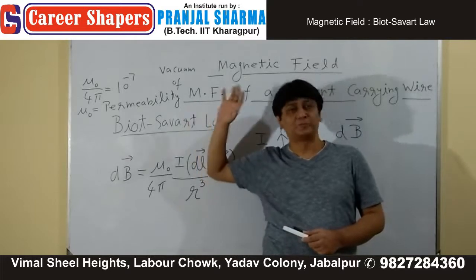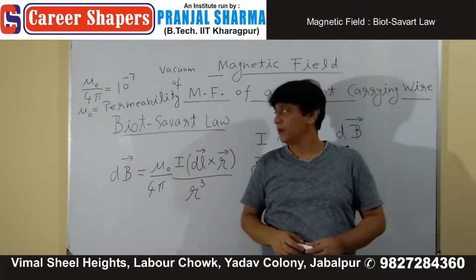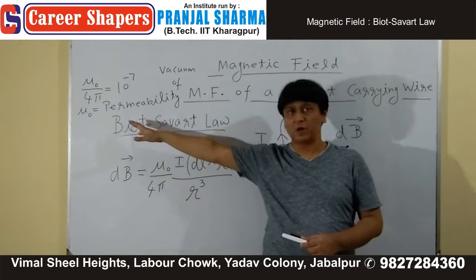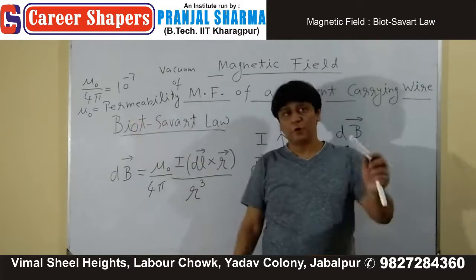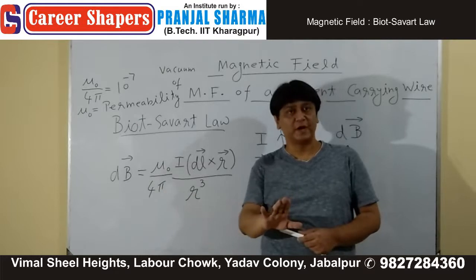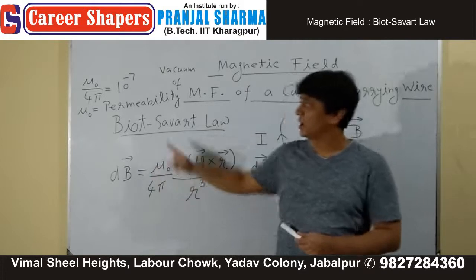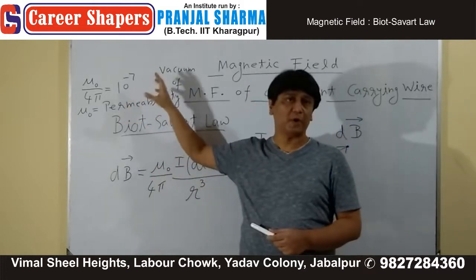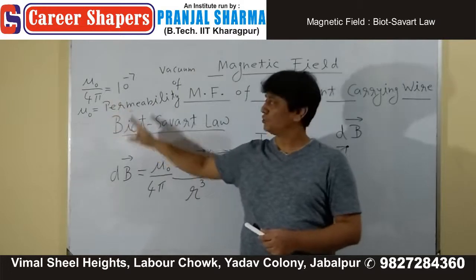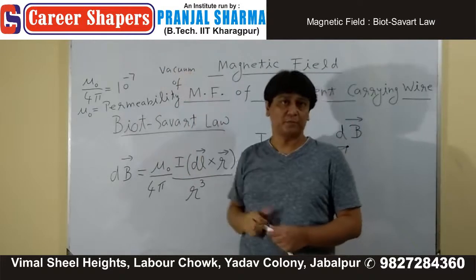We discussed epsilon naught at the end of electrostatics. Similarly, as of now, you don't have to worry about what mu naught is. For you, mu naught upon 4 pi is just a constant with a value of 10 to the power minus 7, and mu naught is called the permeability of vacuum.